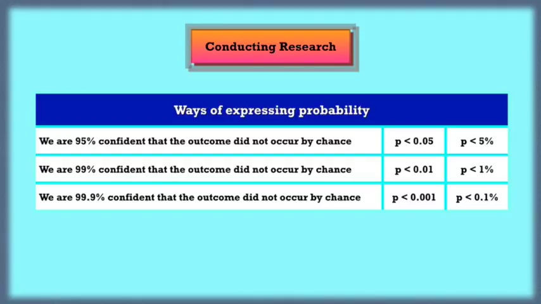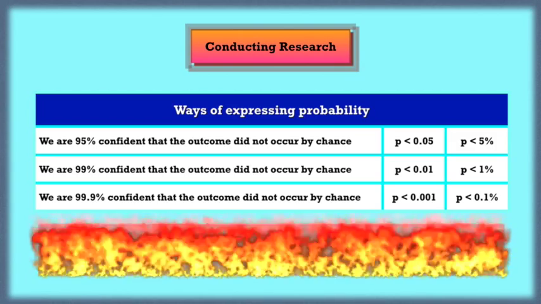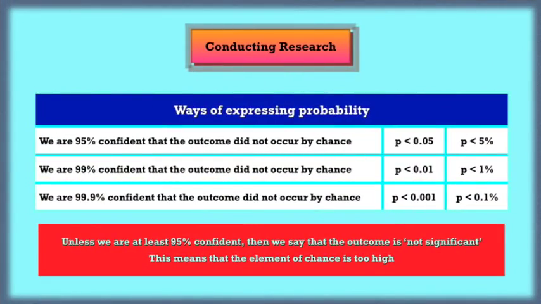These levels of confidence are the ones that statisticians use simply because they relate to that normal distribution curve that I showed in the previous slide. And it's expressed in this way. And if we're not 95% confident, then we tend to think of it largely happening just by chance. The element of chance is too high.